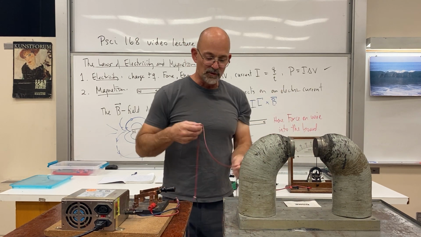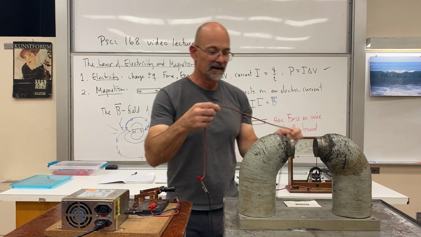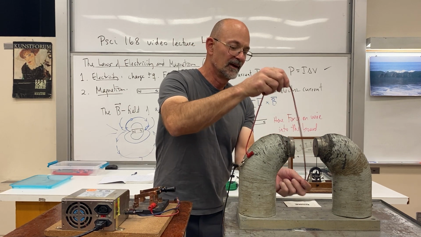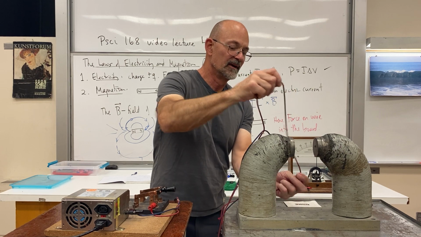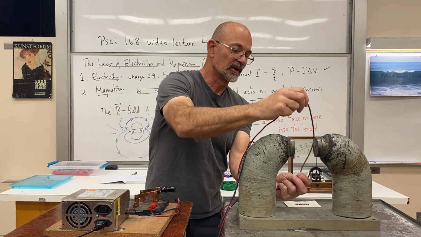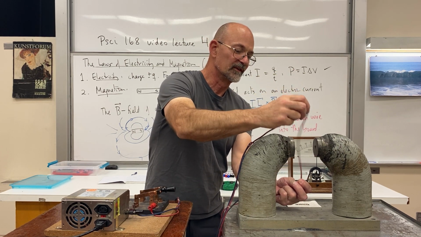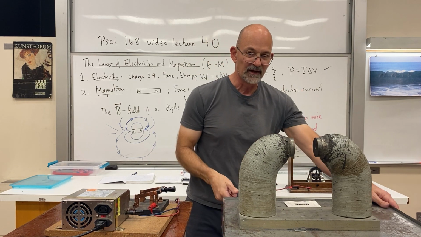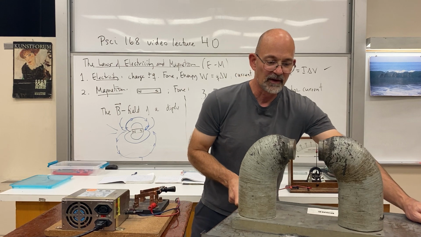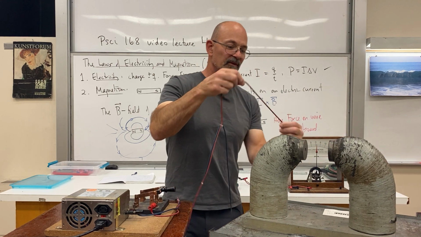If I reverse the direction of the current, and this one here would have been what we're calling into the board, you see how it's bowed. Presumably you can see it. I'll put it in a little profile, and we'll see that again.